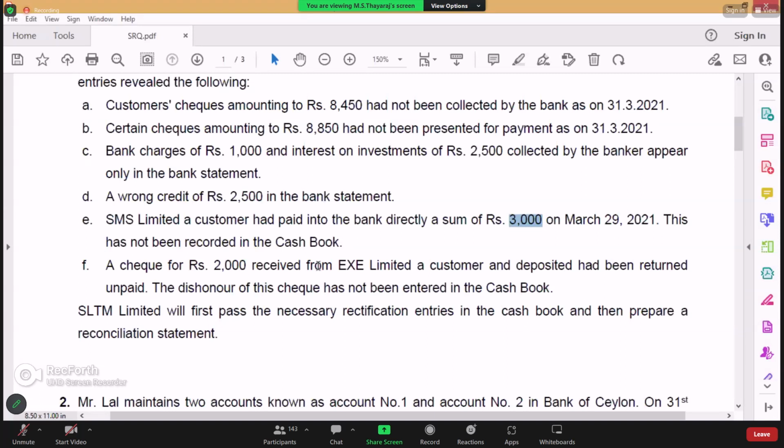We received it as cash, then it should be sent to the bank, but the bank returned this check. We entered it on the debit side. At the same time, the bank should have entered it on the credit side, but the bank dishonored this check. So only we have entered it on the debit side. There is no other transaction in the bank statement. So these are the things we should consider.